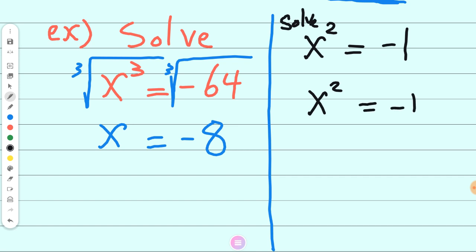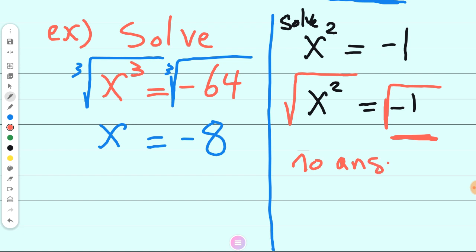But I can't take a square root of a negative number, so there is no answer. I can't find a square root of a negative number, so there is no solution for this equation.